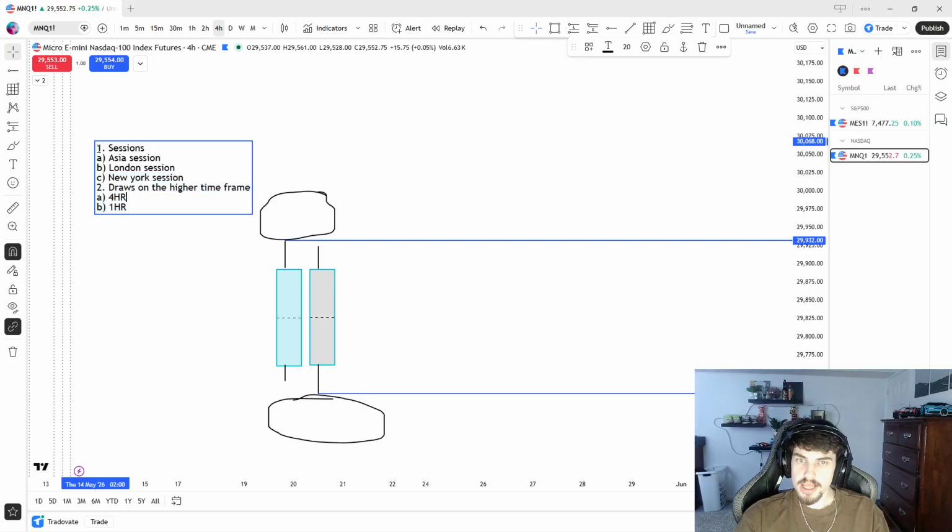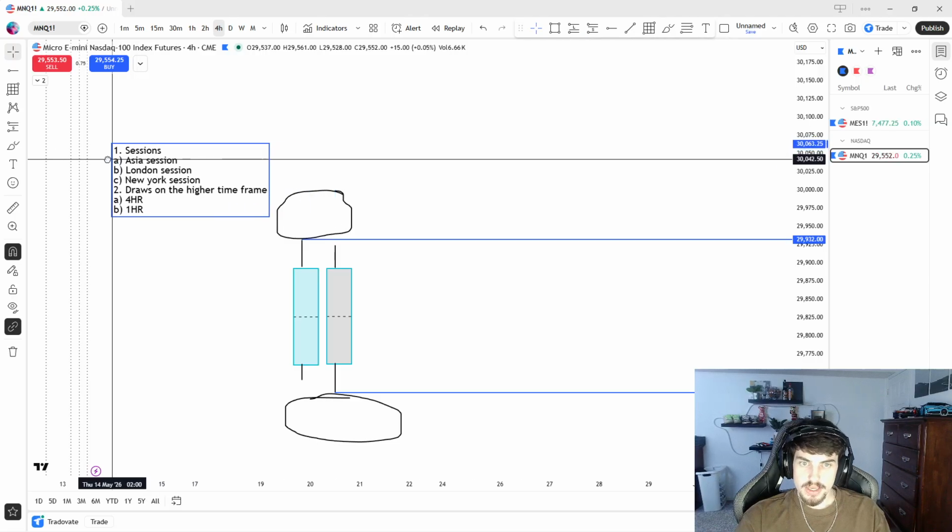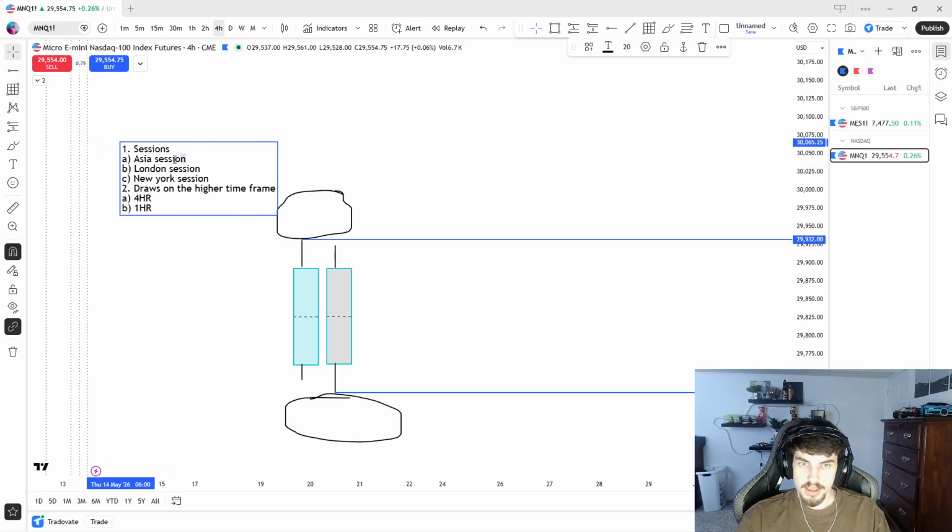And these two might line up. You might have a session high, like an Asian high, that is also an hourly high. So you just mark it out as whatever. I like to just keep them as, if it's a session high, it's this session's high, or you can just mark them out as hourly and 4 hour highs. But they're going to be the same most of the time.